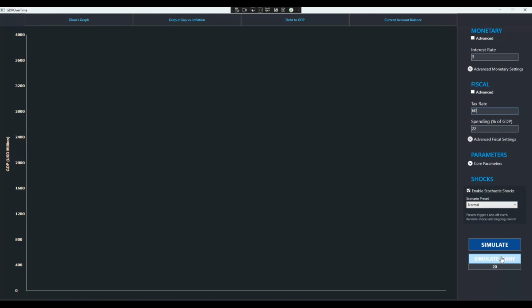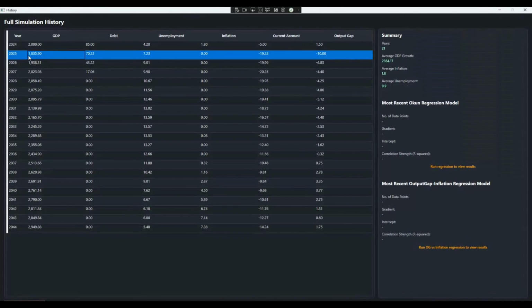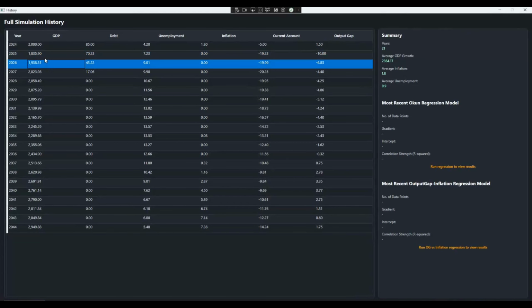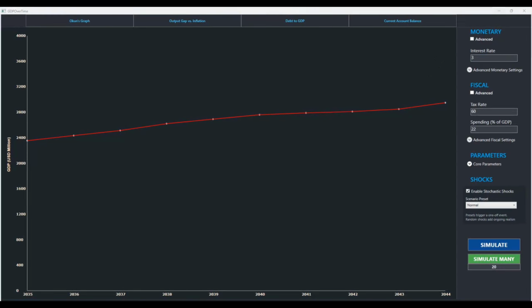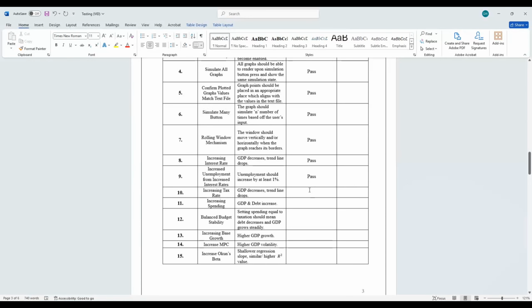If we simulate 20 years again, once again a decrease in GDP trajectory. Look at the analysis, 1.8, so we can see GDP has gone down, and 2.9 for the end value. So a decrease in GDP over time as we increase tax rate, so we can mark this test as a pass.